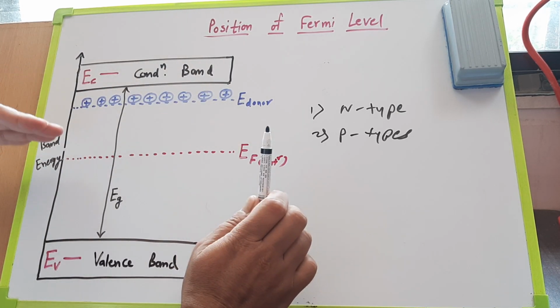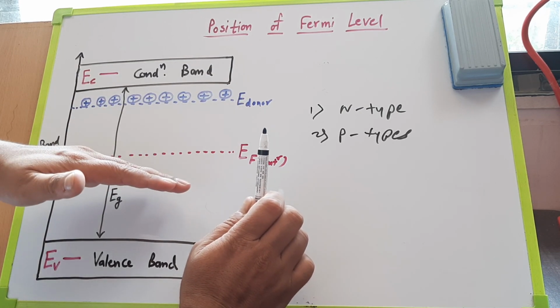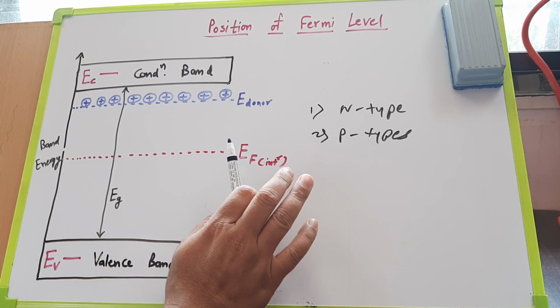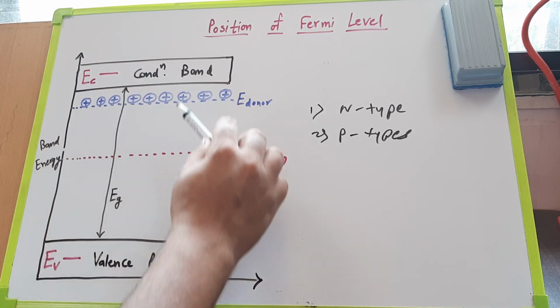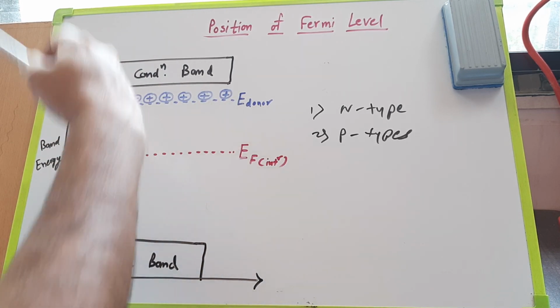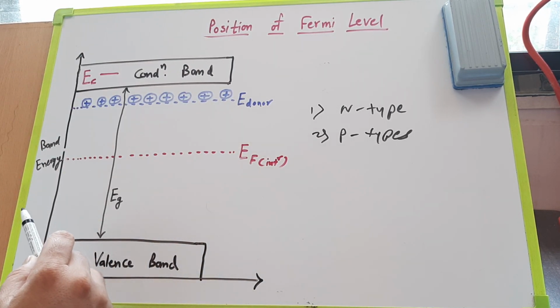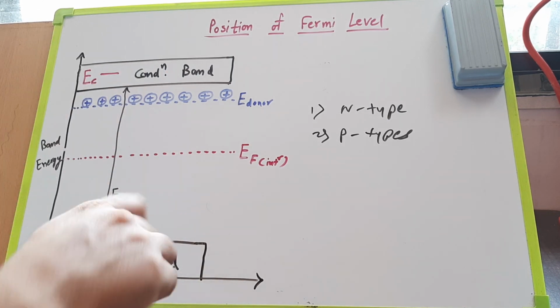The center of gravity moves up, and that goes even above the E donor. So you will have to remember these diagrams.